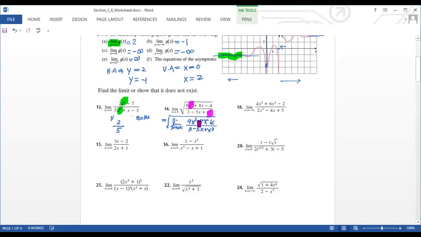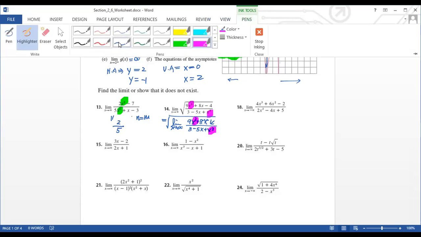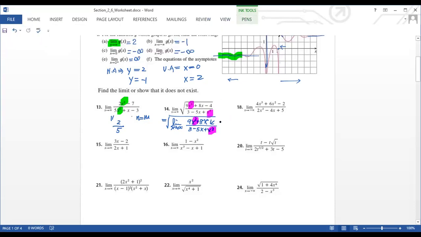You recognize they have the same exponents, so the limit is equal to the constants in front, 9 over 1, so it's 9. And the answer is 3. All right, so it's pretty easy.